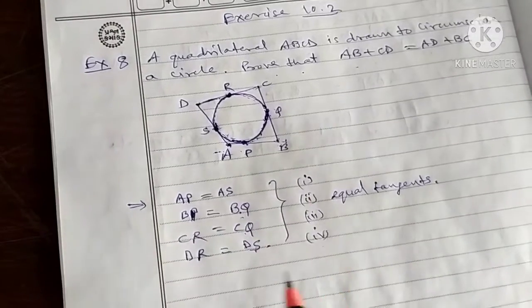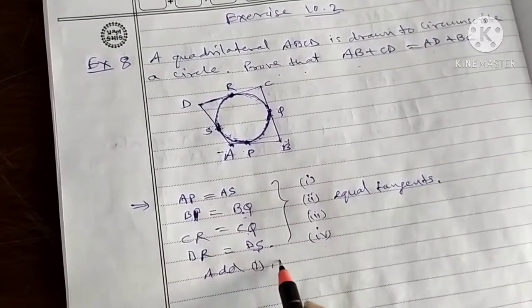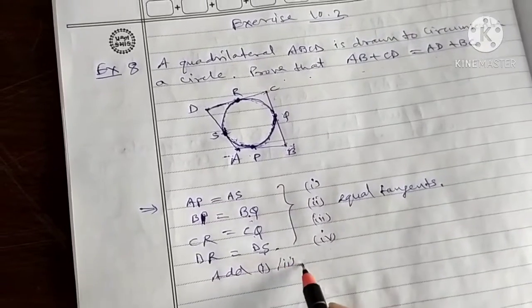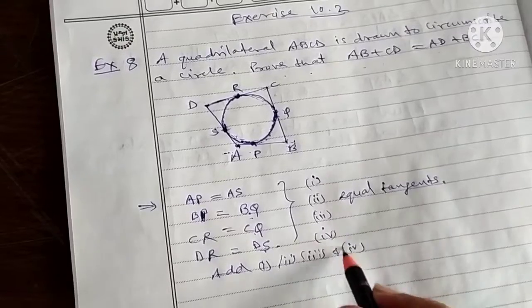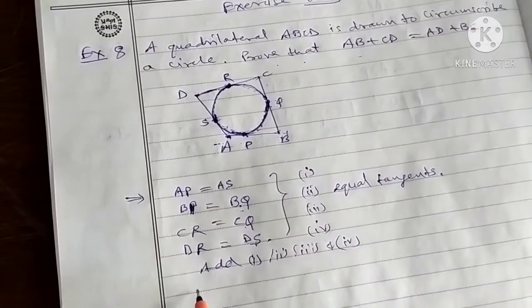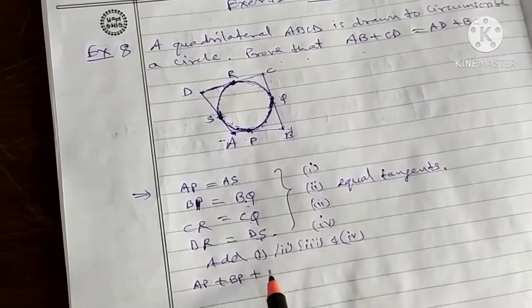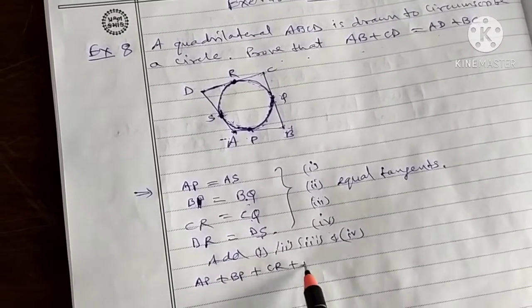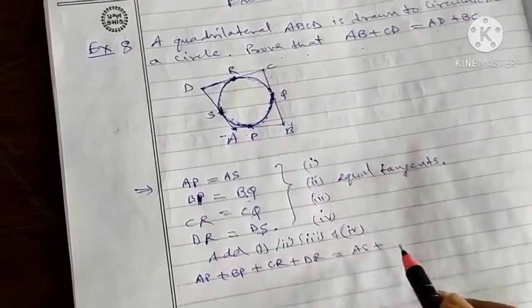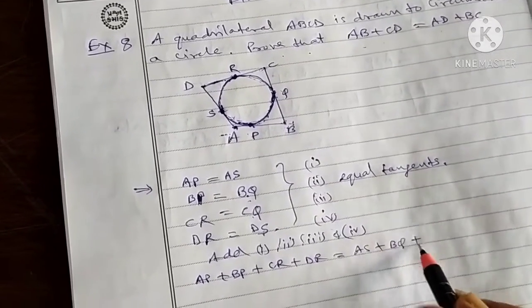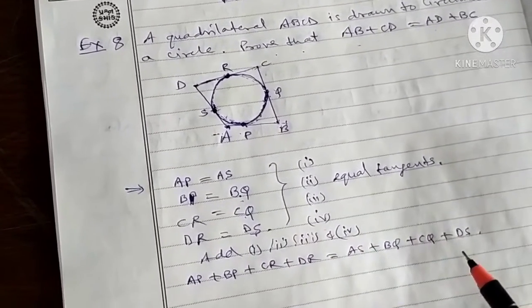If I add all four, 1, 2, 3 and 4, we get AP plus BP plus CR plus DR equal to AS plus BQ plus CQ plus DS. Clear?